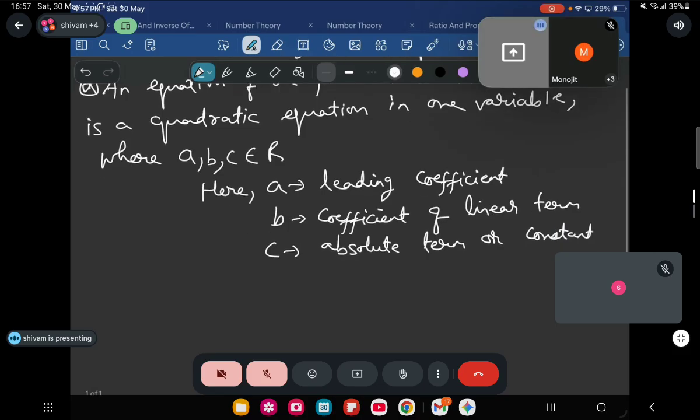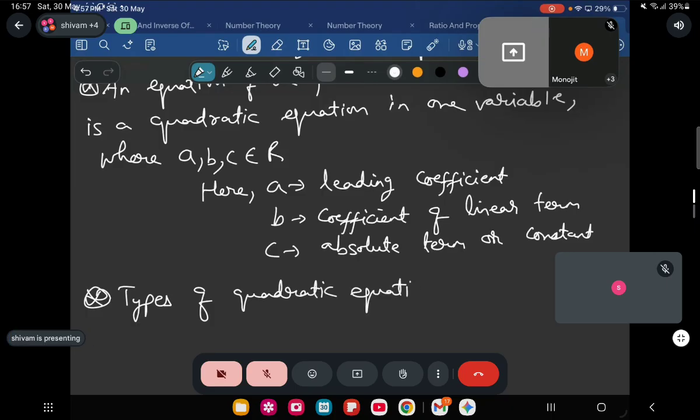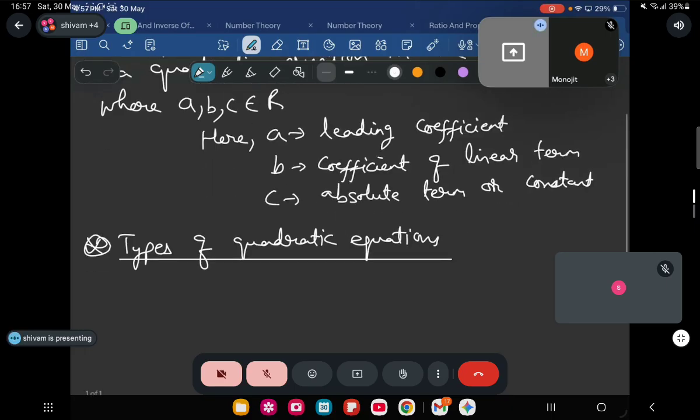Okay, next. Types of quadratic equations. Number 1. If b is equal to 0, c is not equal to 0, that is ax square plus c is equal to 0.